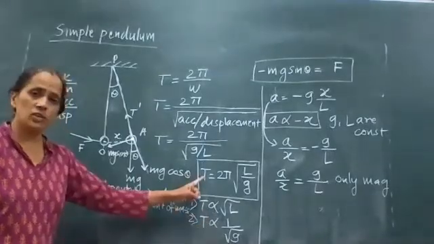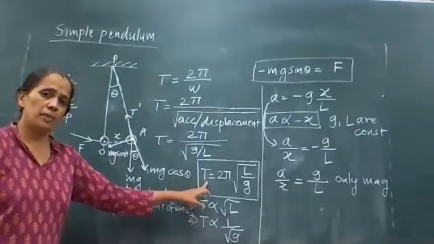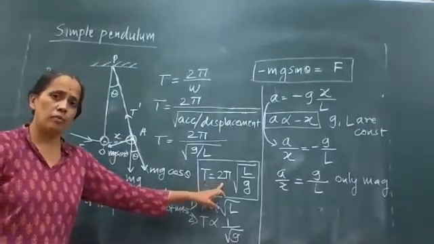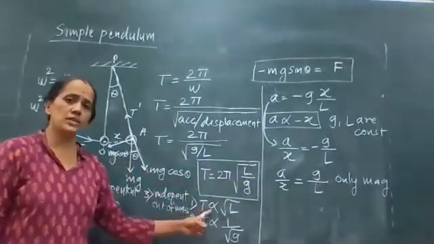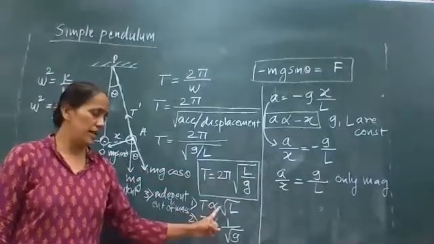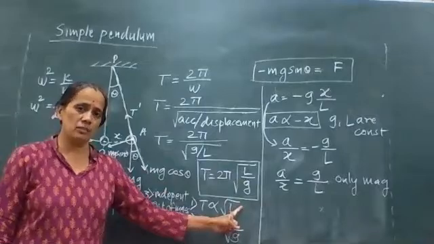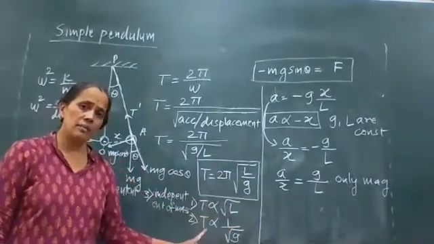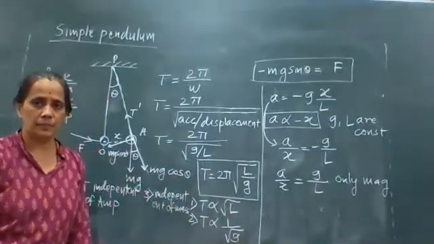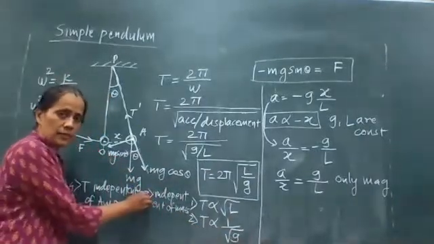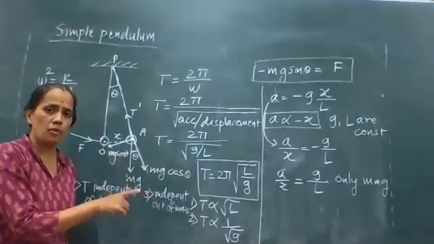So what is the first formula for the period of a simple pendulum? T is equal to 2 pi under root of L by g. From that, what is our first conclusion? Period is directly proportional to root L, where L is nothing but the length of the simple pendulum. Another, period is inversely proportional to the square root of g. Third conclusion: the period formula doesn't contain the term m, that is the mass of the bob.